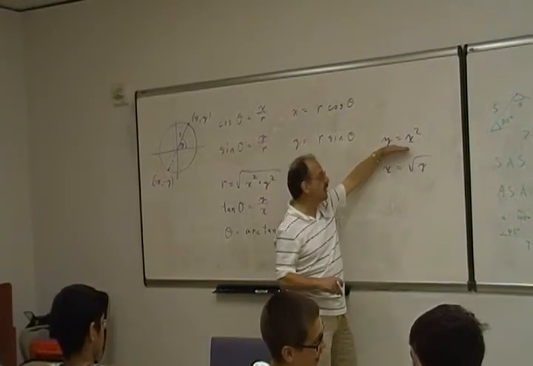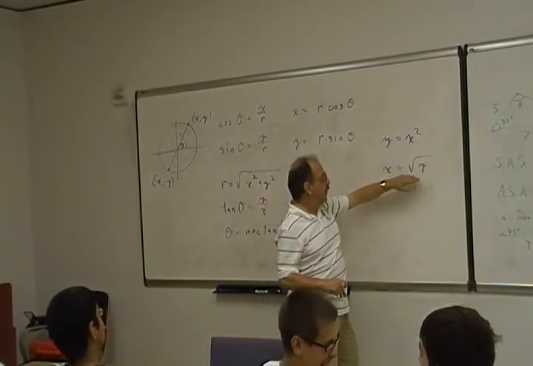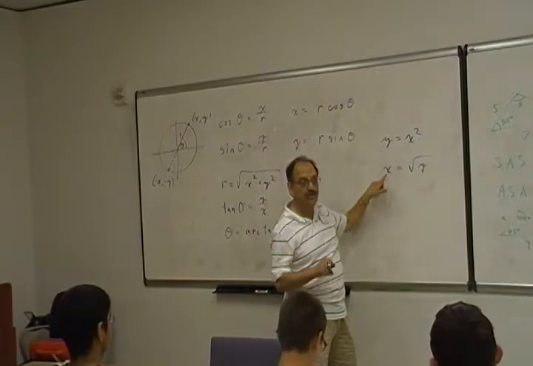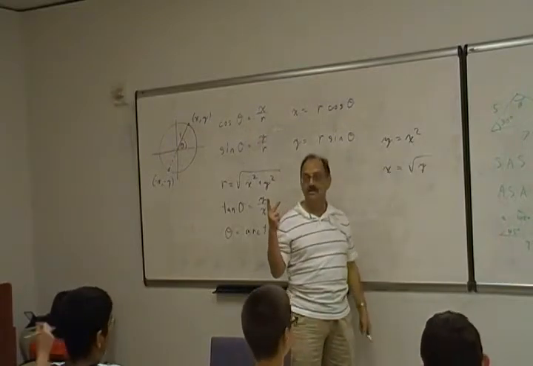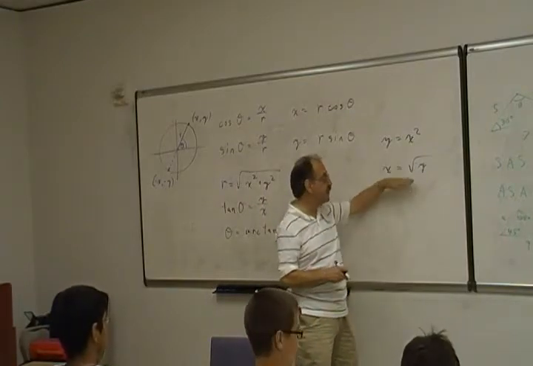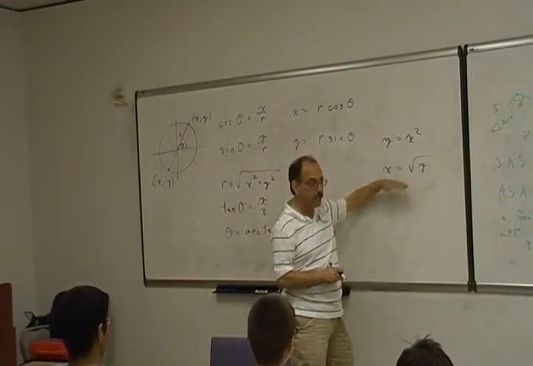There's a proviso here. When you do the square root, you always take the positive square root. There are actually two square roots of 4, namely 2 and minus 2, but you want the plus 2.